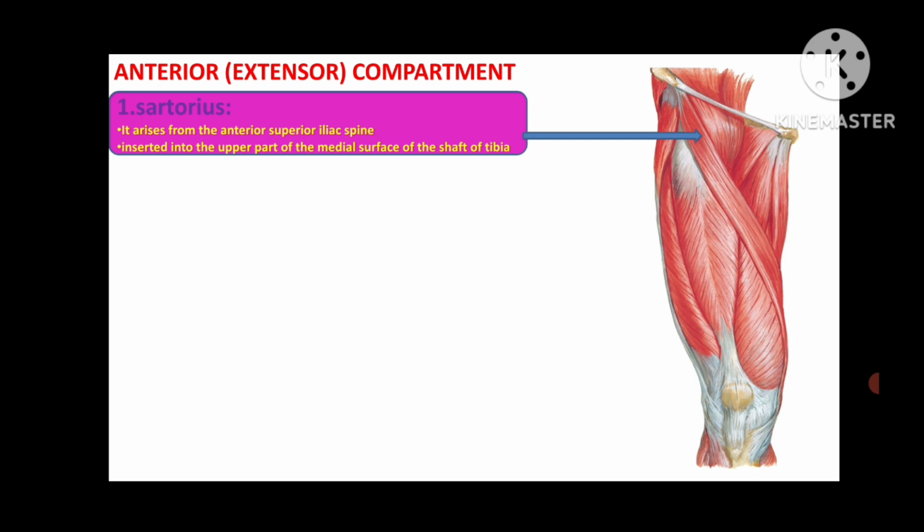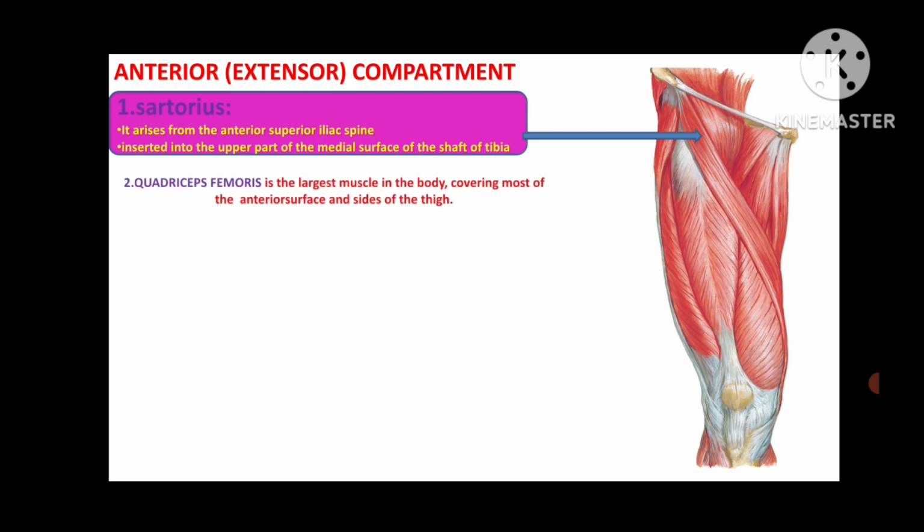It produces flexion of the leg at the knee joint and flexion, abduction and lateral rotation at the hip joint. All these movements help to effect the cross-legged sitting position, in which the heel of one limb is placed on the knee of the opposite limb. This position looks like a tailor often assumes a cross-legged sitting position, so it's also known as the tailor's muscle.